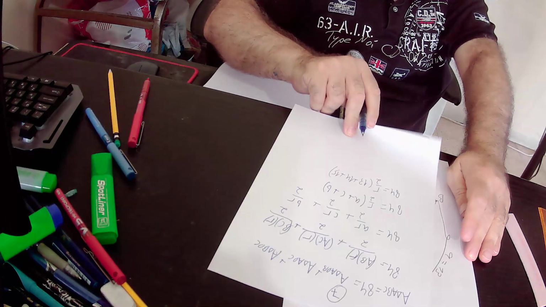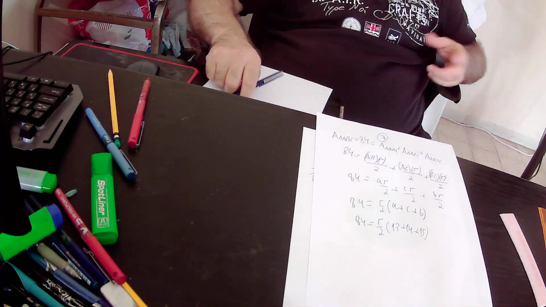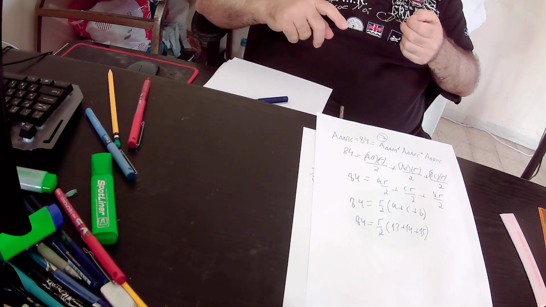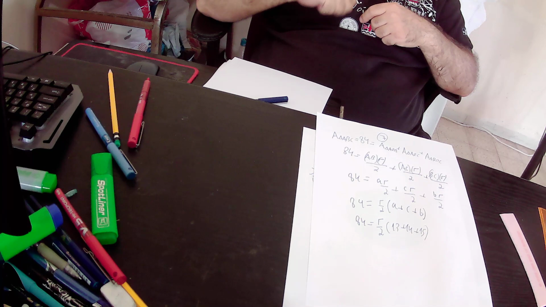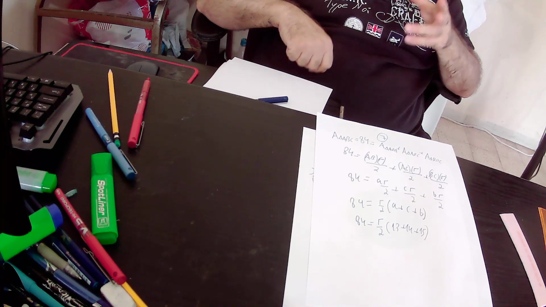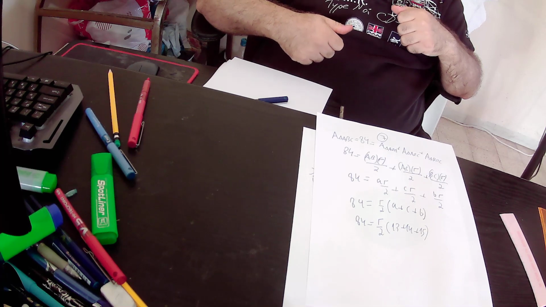Okay, so we got that 84 equals R over 2, and in the brackets we have 13 plus 14 plus 15. 13 plus 14 is 27, and 27 plus 15 is 42.